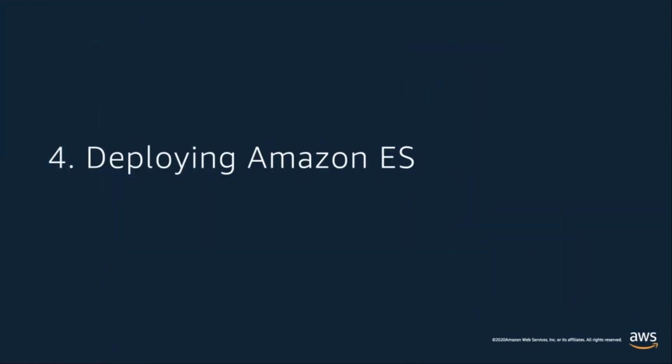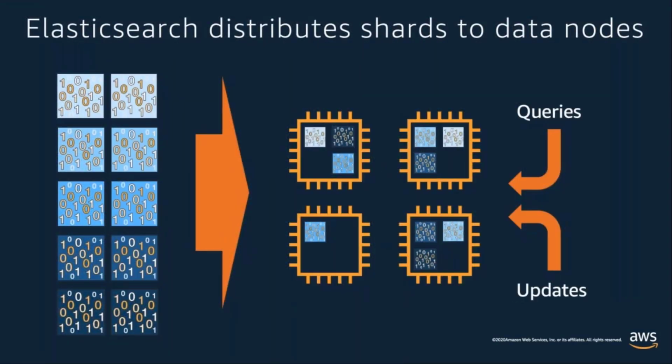Moving down a layer into the deployment and how you should think about deploying the instances that are in your Amazon ES domain. As I said before, and this is really a key point in terms of deployment and sizing, Elasticsearch ultimately is going to distribute the shards in all of your indexes to the data nodes in the cluster.